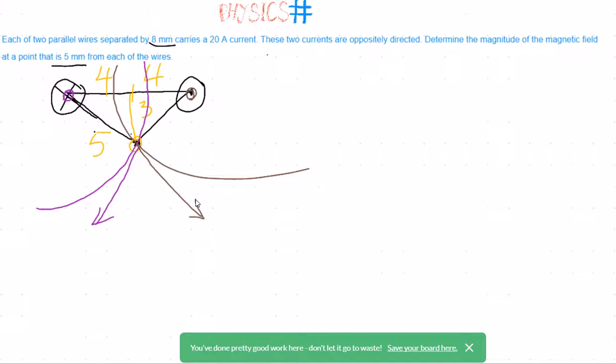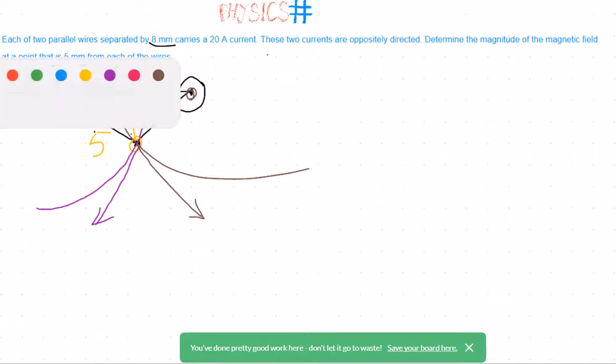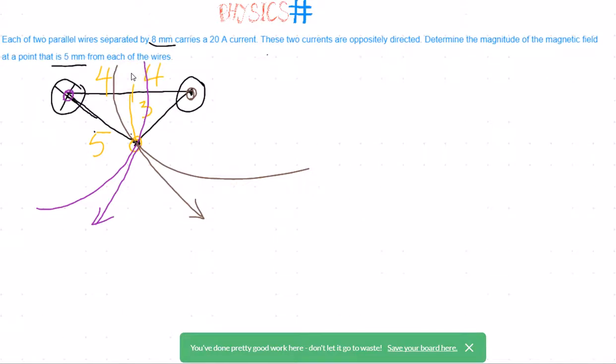The only information from this that we can tell is that the angles between the radius lines and the directions of the magnetic fields are going to be 90 degrees. So these two angles are 90 degrees.